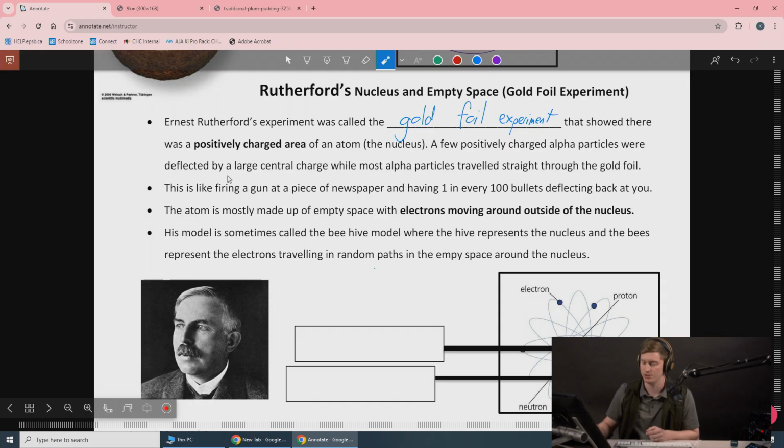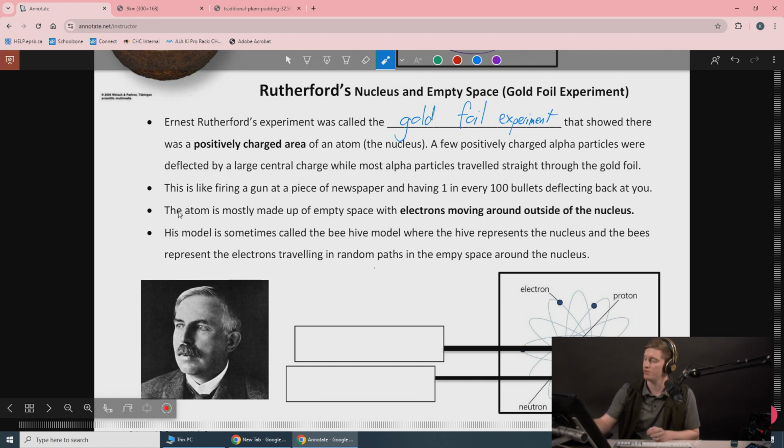And he had a detector set up around that sheet of gold foil. And he found that some of the alpha particles bounced backwards, whereas many of them traveled straight through the gold foil. And he described it as like firing a gun at a piece of newspaper and having 1 in every 100 bullets deflecting back at you, which would be very surprising.